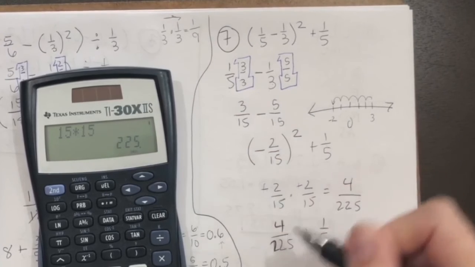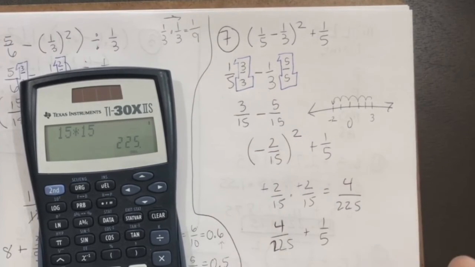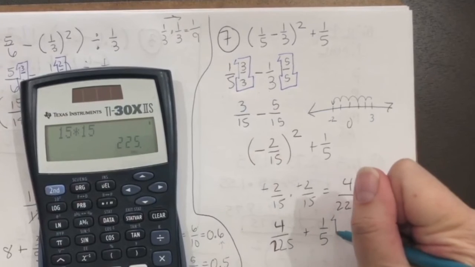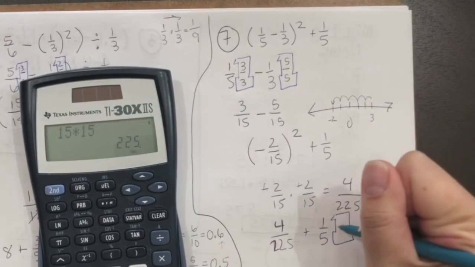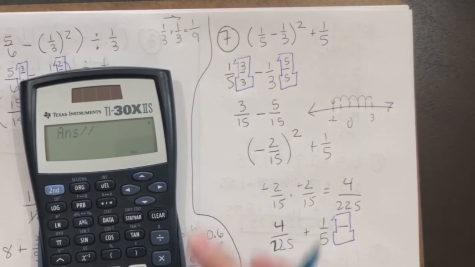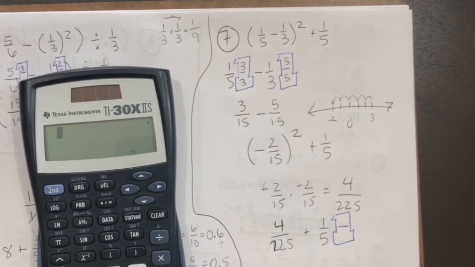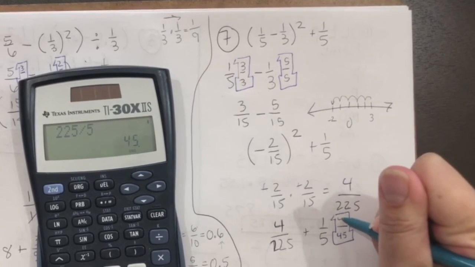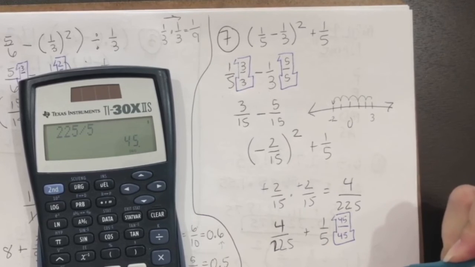So we're going to have 4/225 plus 1/5, and we're going to have to use our giant 1 again. 5 times something is going to give us 225. Let's figure out what that is. Oops, clear. So 225 divided by 5 is 45. So we'll have to multiply the top and bottom by 45.